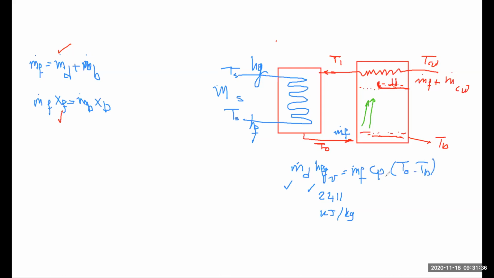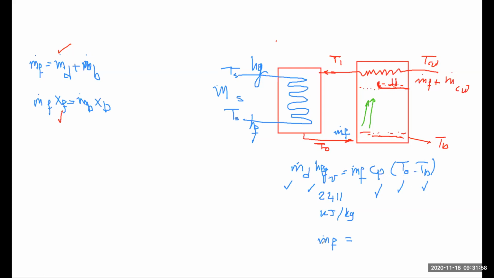What do I know here? On the left-hand side, I know m dot distillate is 1 kilogram per second, Hfg is 2411. And on the right-hand side, I know the value of Cp, say it's 4.2, T naught is 90, and TB is 40. So the only unknown here is m dot feed.